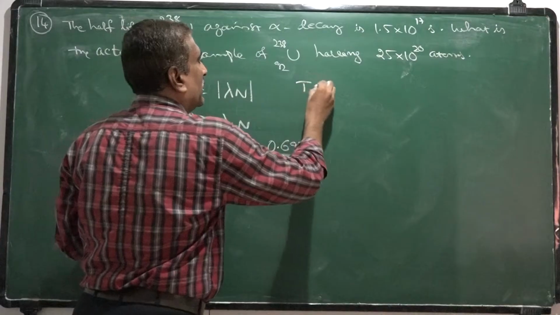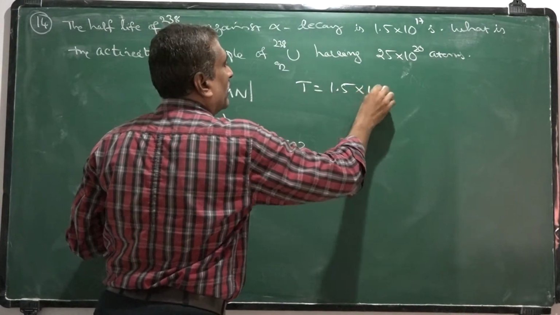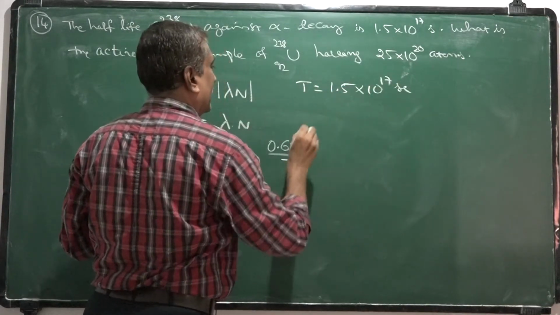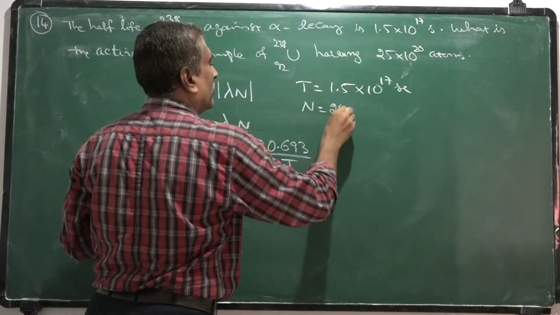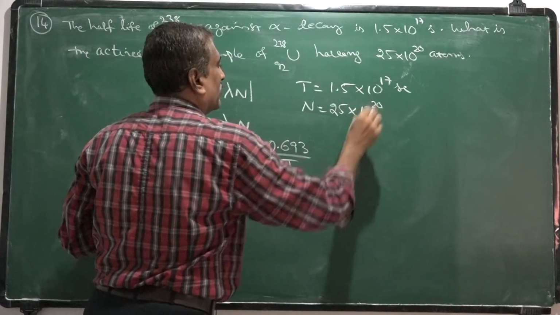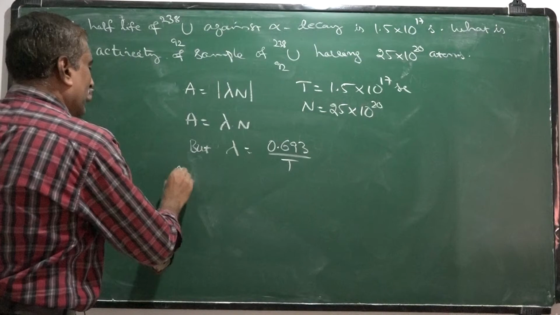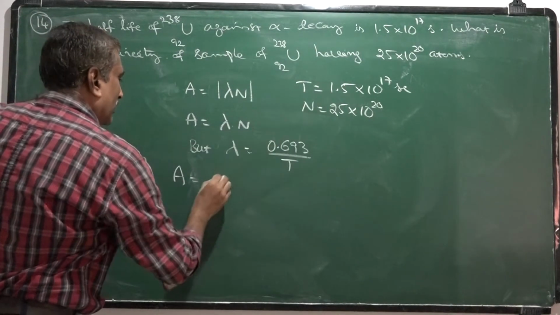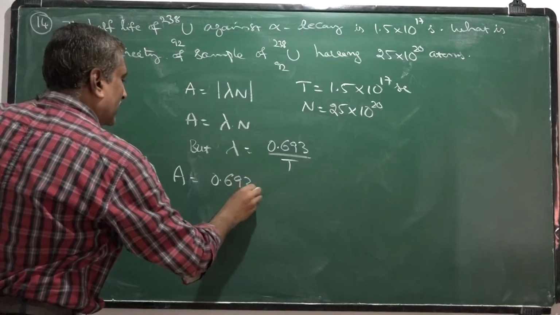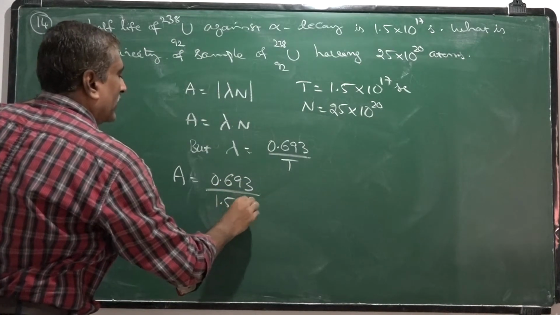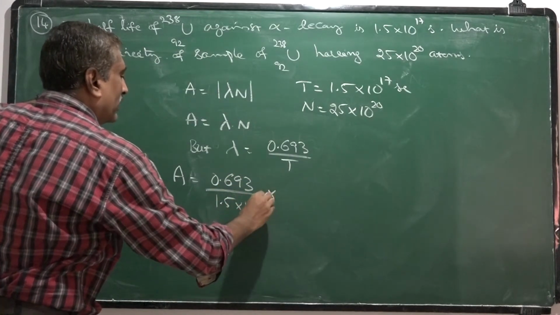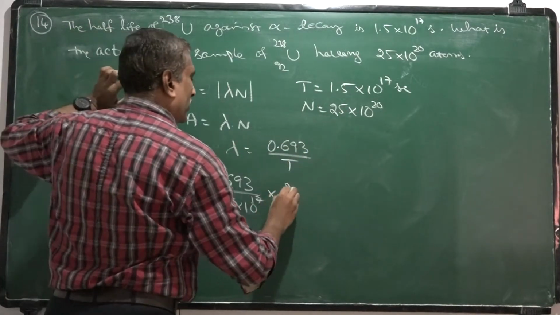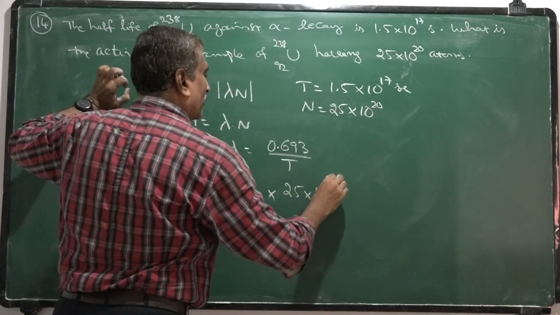So given T as 1.5 × 10^17 seconds and the number of atoms as 25 × 10^20, the activity is λN, that is 0.693 by 1.5 × 10^17 into the number of atoms, 25 × 10^20.